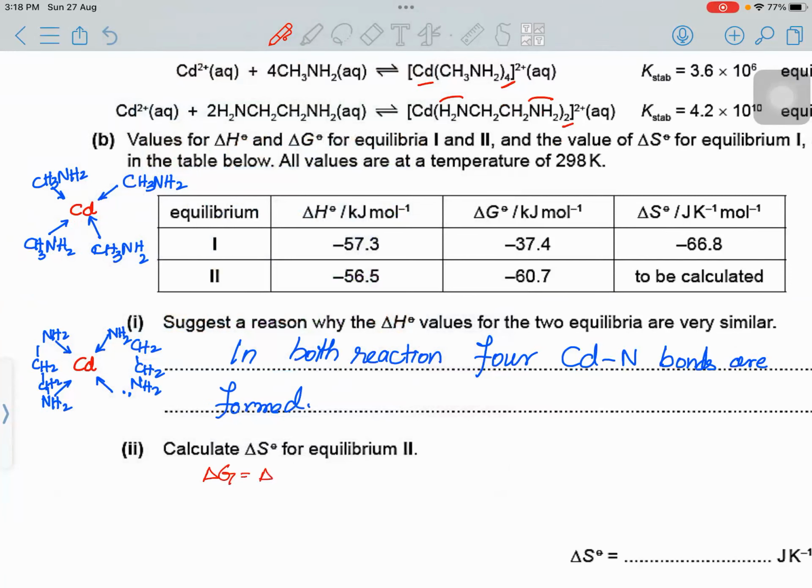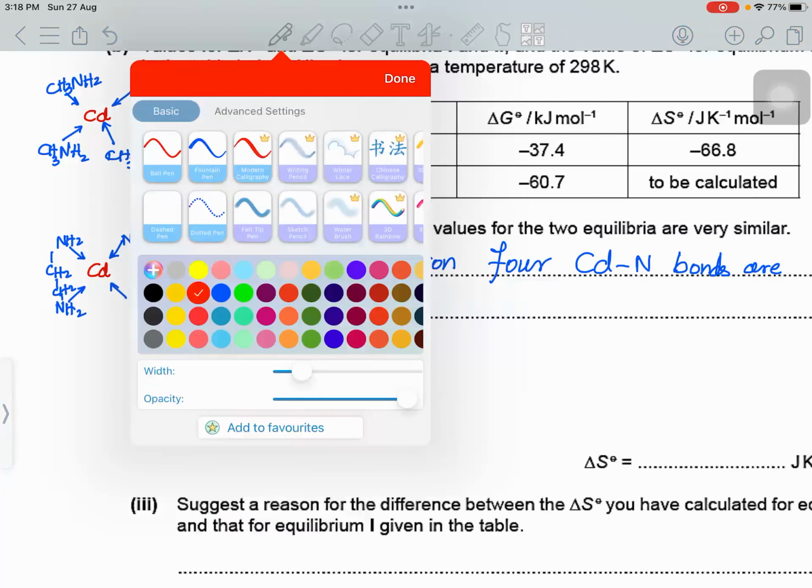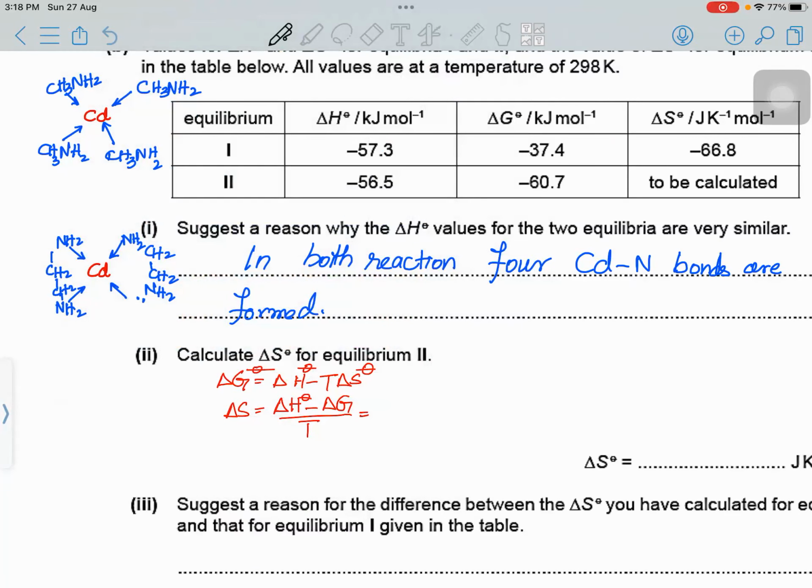Delta G is equal to delta H minus T delta S. So delta S is equal to delta H minus delta G over T. So delta H is minus 56.5, minus delta G, which is 60.7, divided by temperature, which is 298. Now can you tell me the answer?